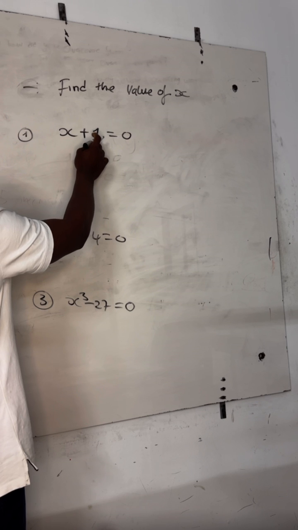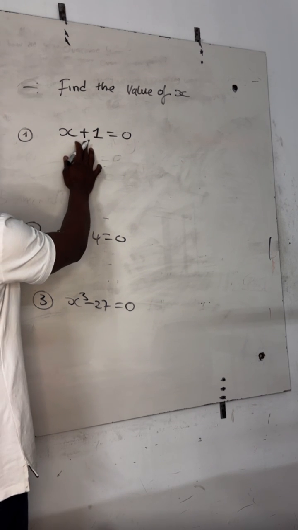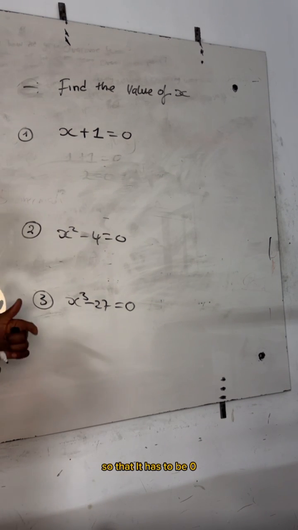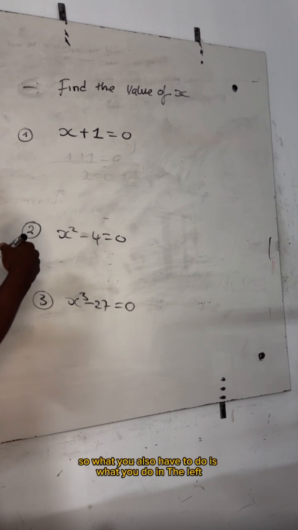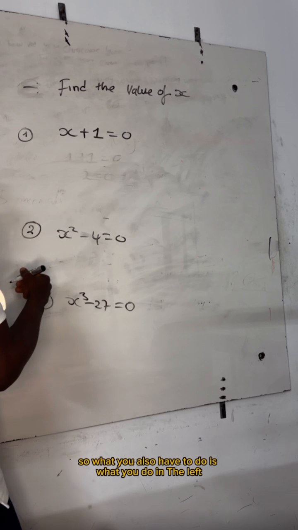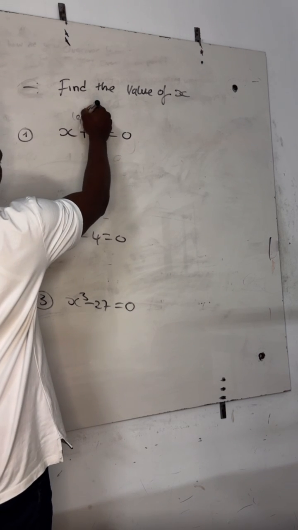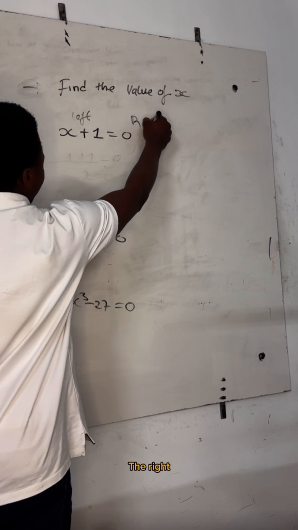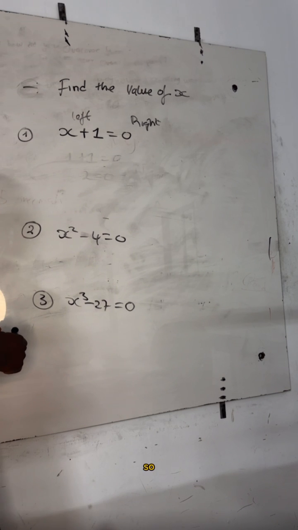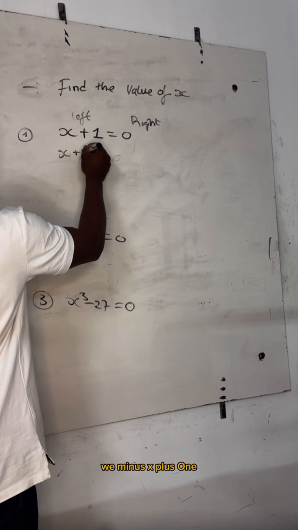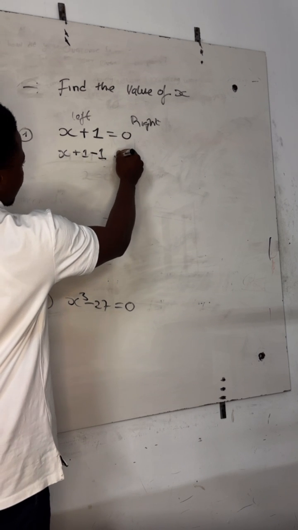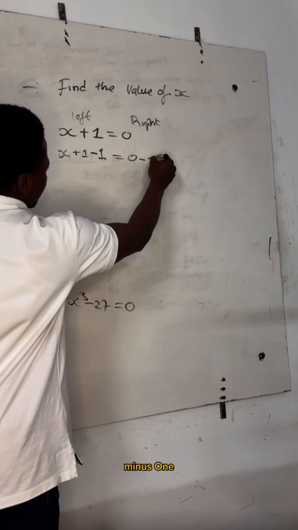If it was minus, you would plus 1 so that it becomes 0. So let's move forward. What you do on the left, you also do on the right. So let's minus 1: x plus 1 minus 1 is equals to 0 minus 1.